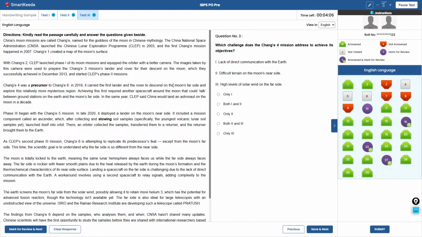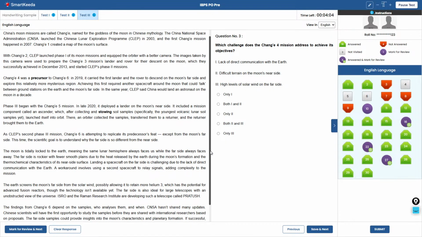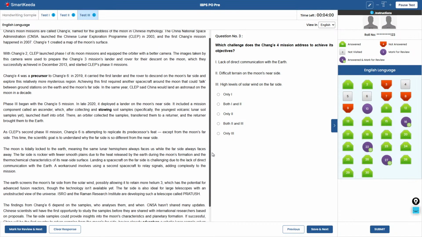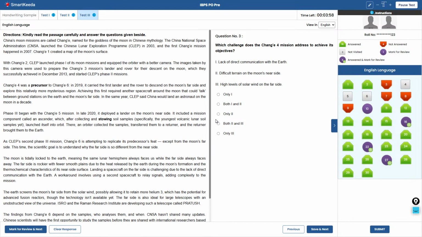What challenge does the Chang'e 4 mission address? Achieving objective, lack of direct communication, difficult terrain, high levels of solar wind on the far side. So one and three, no option. So then only one, Chang'e 4.